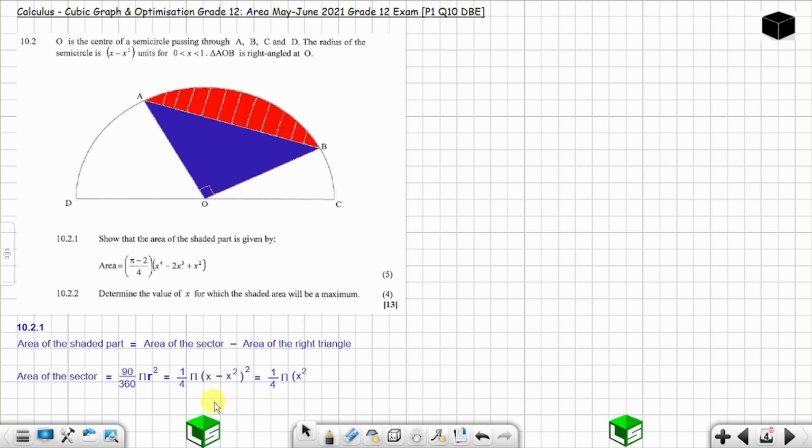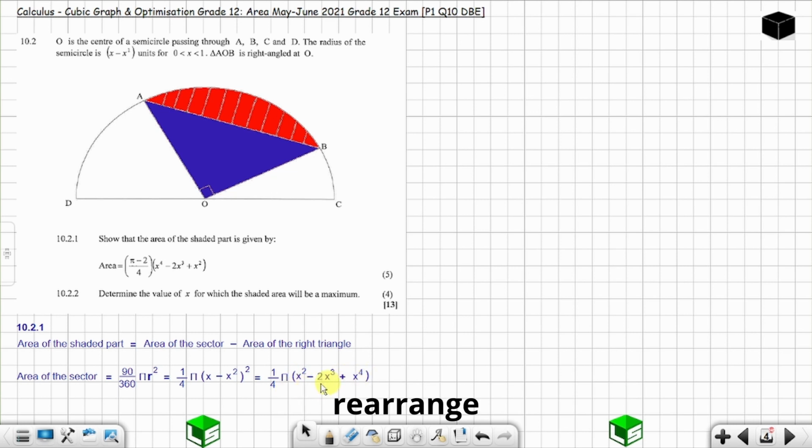It will be negative 2x cubed, okay? And then you have this negative x squared to the power of 2. This becomes plus x to the power of 4. So this is how you can expand this bracket.